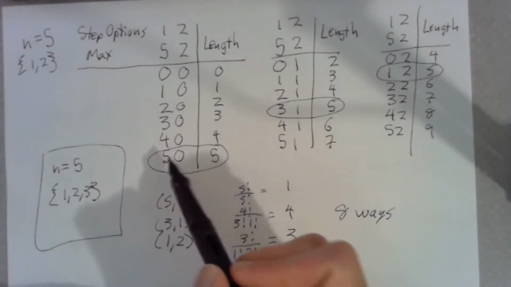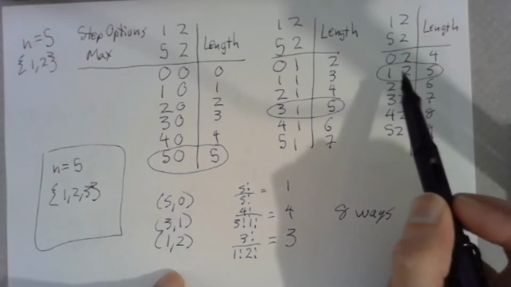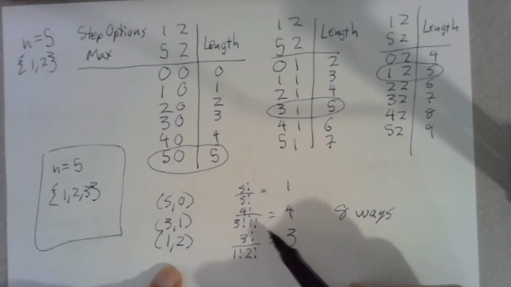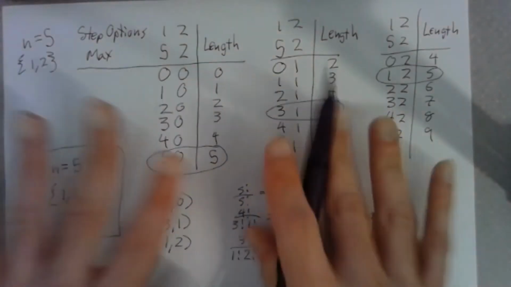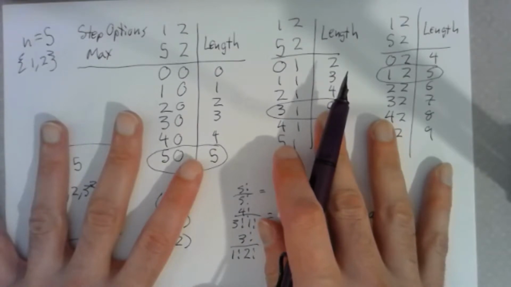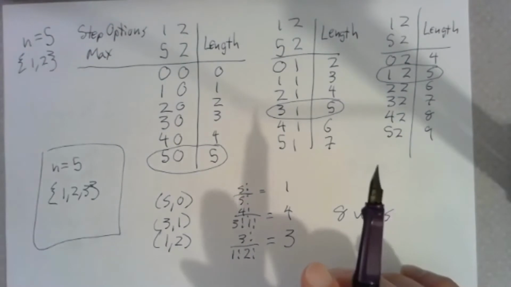Then find out what the different possible step combinations were, and work out what those distinguishable permutation results would be. So at this point, pause the video, and then we'll come back and I'll show you what I came up with.